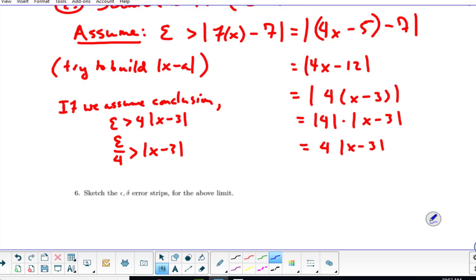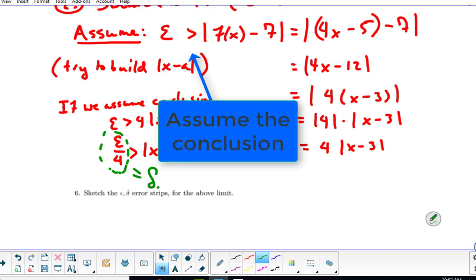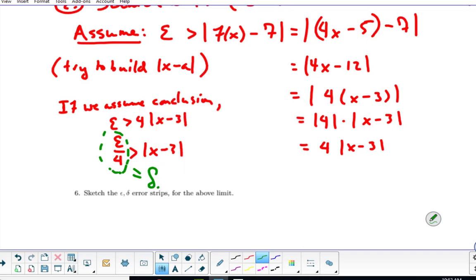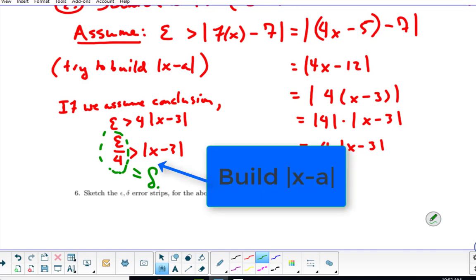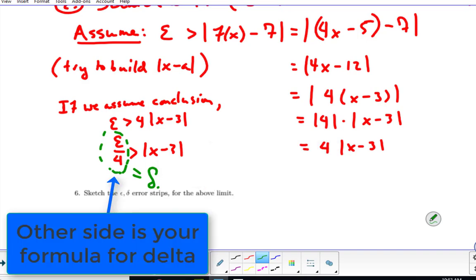Whenever you've done this for these linear problems that I'm giving you, this will be your formula for delta. So you start by assuming your conclusion, the last line of the definition of the limit, and you try to build the expression x minus a, isolated. Then whatever's on the other side, that will be your formula for delta.